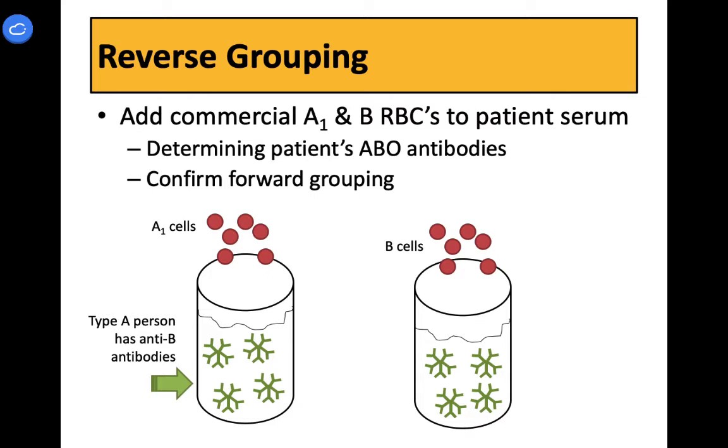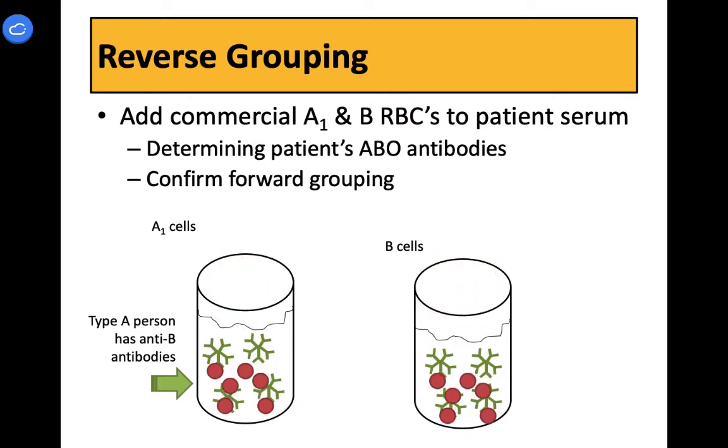And if we take their serum, we add the reagent cells to it, what would you predict to happen in a patient who is type A? They have anti-B antibodies in their serum. I'm adding A cells to one tube. I'm adding B cells to another tube. I add patient serum. You would expect clumping to happen in the B cells because the anti-B that is present in the patient serum will react with the B antigen on the reagent B cells.